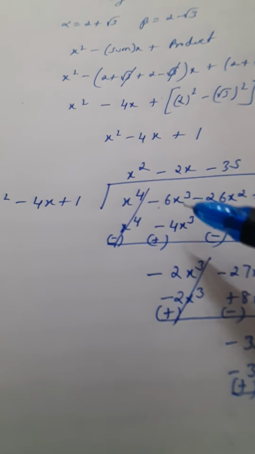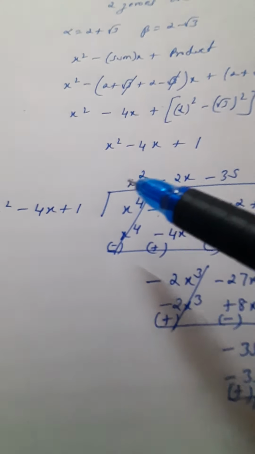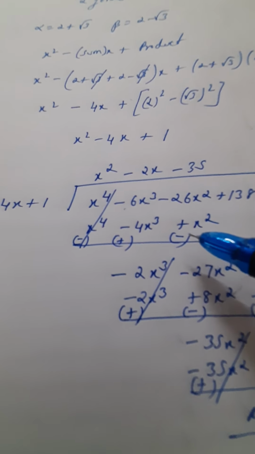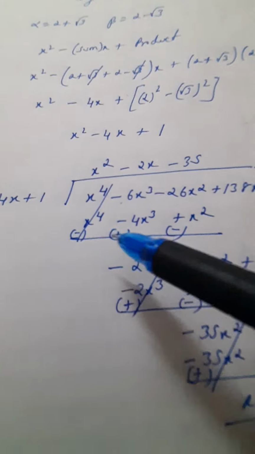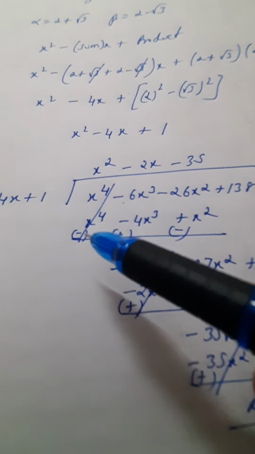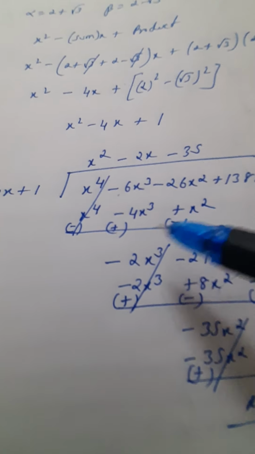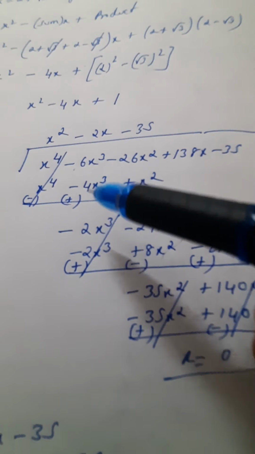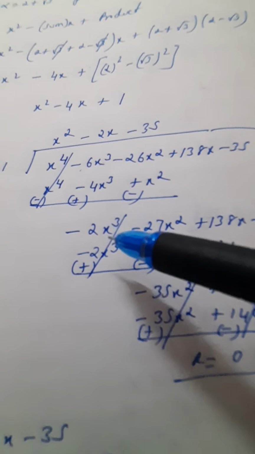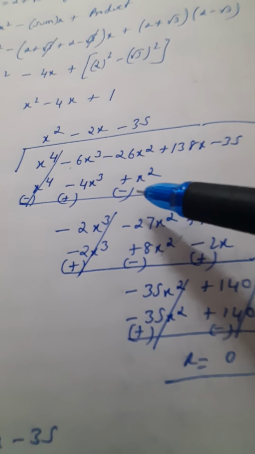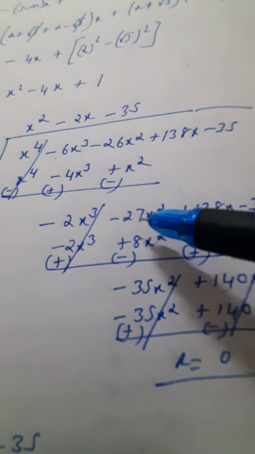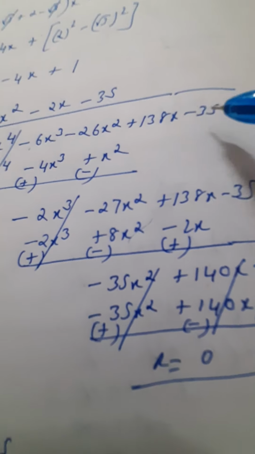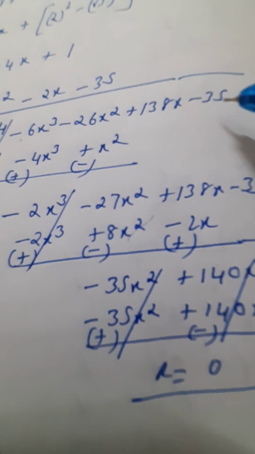I'm going to write below minus x cube here. 1 into x square is positive x square. And then we change the signs. If it is plus, it becomes minus. If it is minus, it becomes plus. Okay, so plus is minus here. So this gets cancelled. This becomes minus 2x cube. Minus 26 and minus 1 x square is minus 27x square. Plus 138x and minus 35 as it is from here.